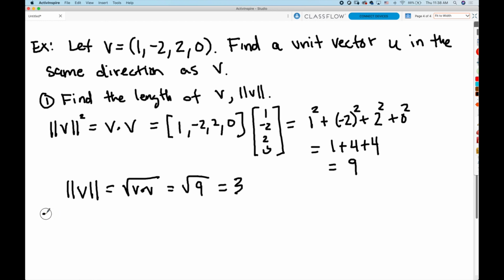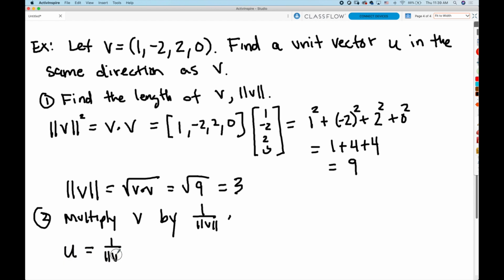So then what we're going to do is we want to multiply v by 1 over the norm of v. All right. And if we do that, we're going to call that u. u is going to be equal to 1 over the norm of v times v, which is 1 over 3 times v.